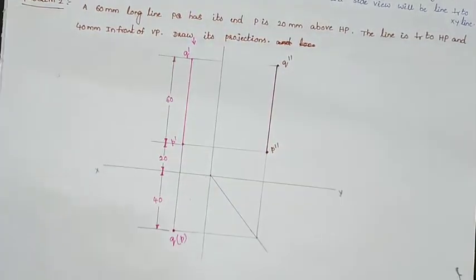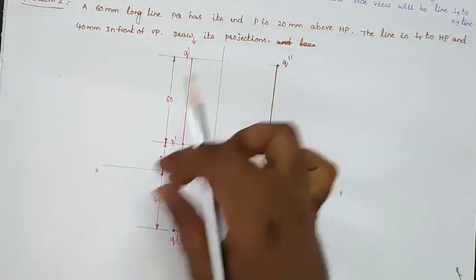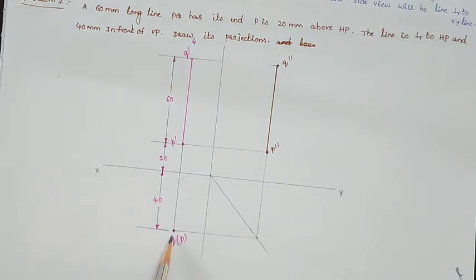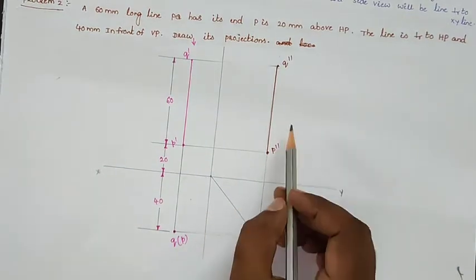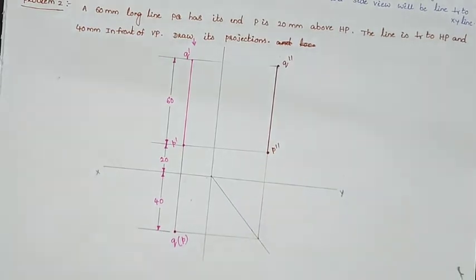So this is our required side view. Like that we will draw the problem. Whenever a line is perpendicular to HP and parallel to VP, the front view will be the true length, which is lying perpendicular to the reference line, the top view shows as a point, and the side view is also a line perpendicular to the reference line.